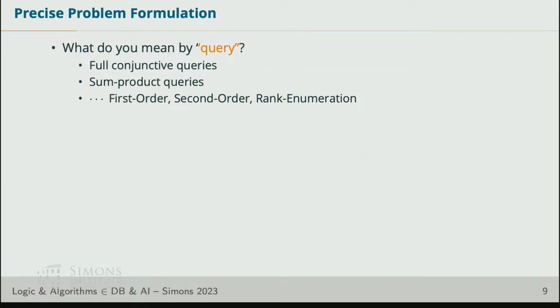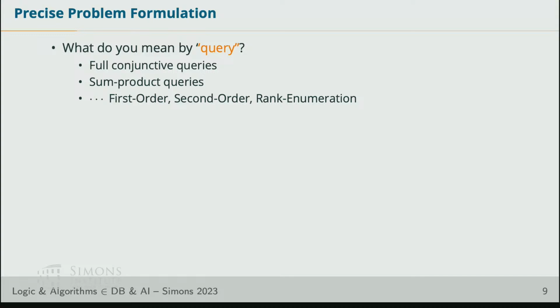To make this formulation a little more precise, I have to tell you what I mean by a query. In this talk and the next two, we'll be focusing mostly on conjunctive queries and a little generalization called a sum-product query. The sum-product query is a concept that we borrowed from AI. In one of the tutorials, Guy and Yu Jung will talk more about AI and query evaluation on circuits, which has a lot to do with sum-product type of computation.